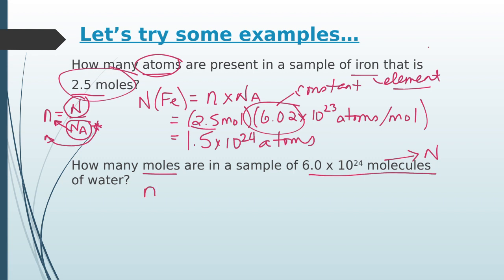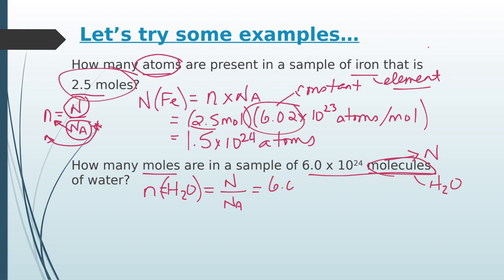So we want to figure out moles, which is lowercase n, and we're going to state what we're solving for, so moles of water. And we're going to use our base formula, so capital N, which is molecules, divided by Avogadro's number. Now we're using the unit of molecules because we're talking about water, and water is a compound.